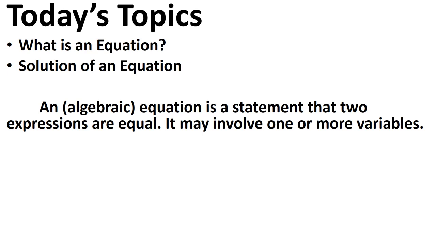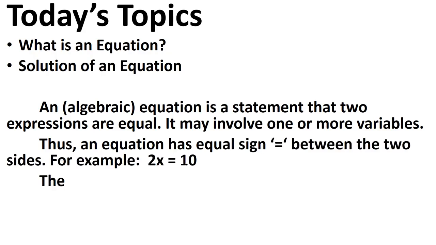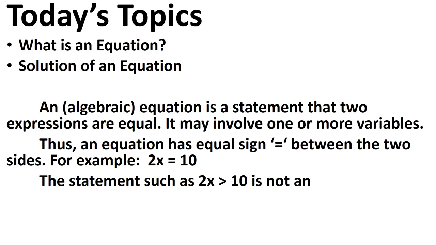Understood? See the example. Thus an equation has an equal sign between the two sides. For example, 2x equal to 10. 2x is one expression and 10 is the other, and the equal sign is there, so it has made the equation.